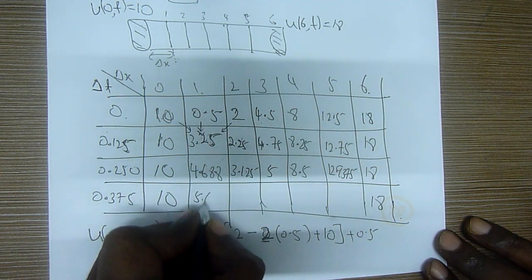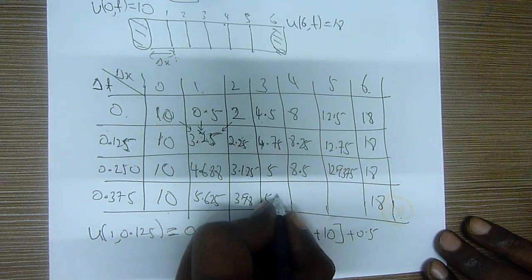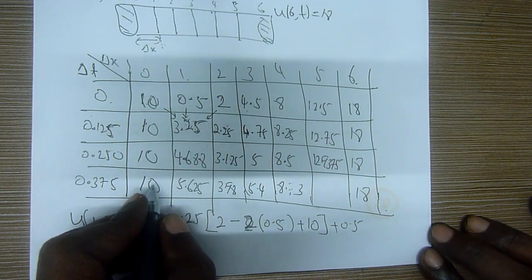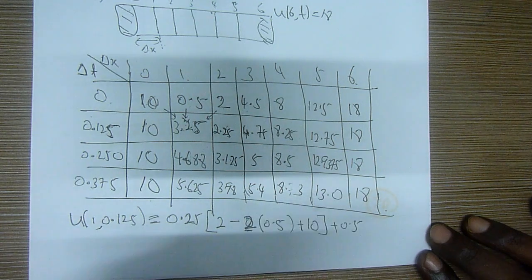This one is 5625, 398, 5.4, 8.73, 13.0. Can.